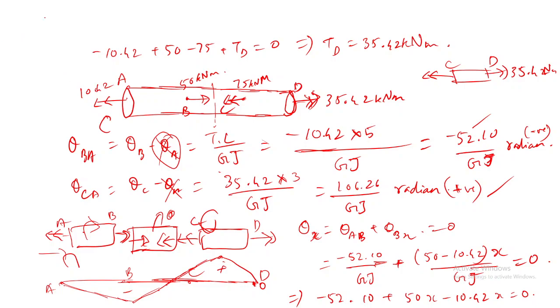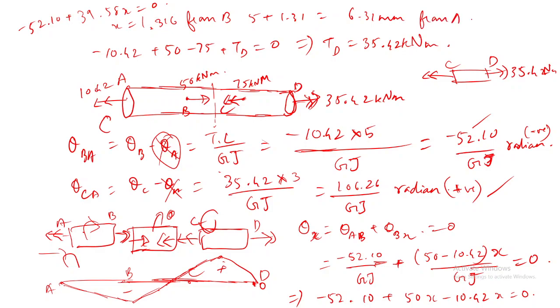Let's see: 50 minus 10.42 is 39.58, so 39.58x equals 52.10, and x is 1.316. Yes, sir, 1.316 from B. So from the left end it should be 5 plus 1.31, so it should be 6.31 mm from end A.